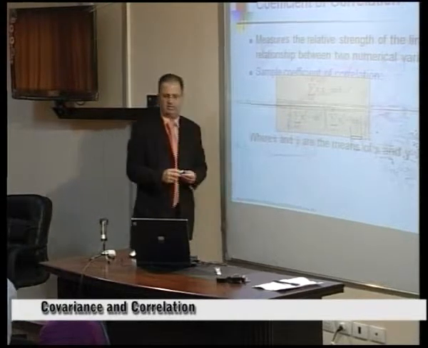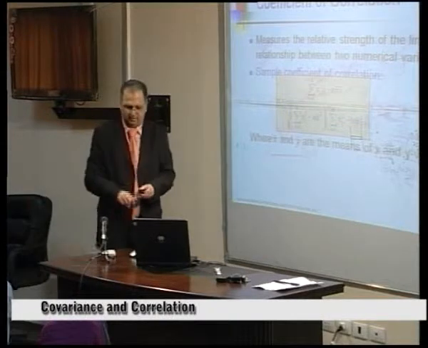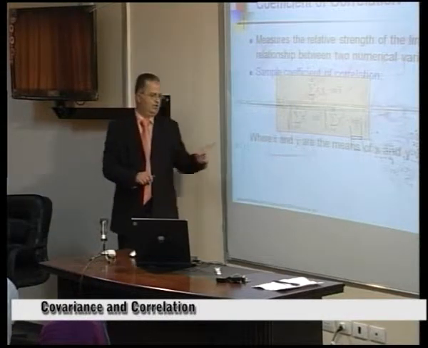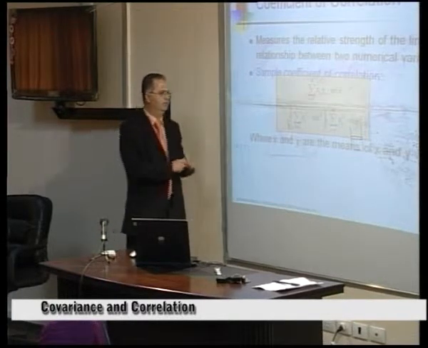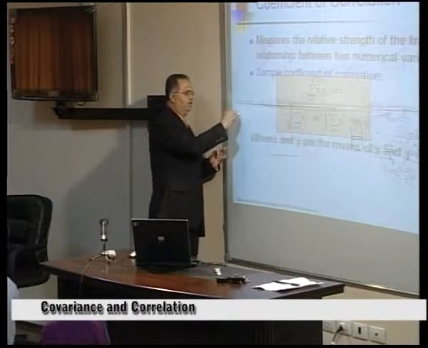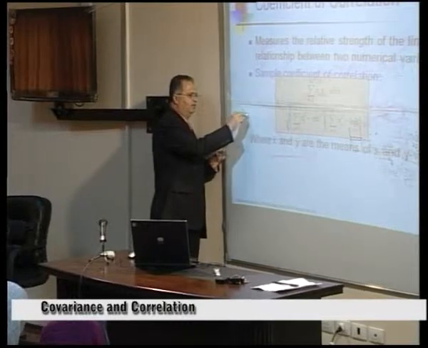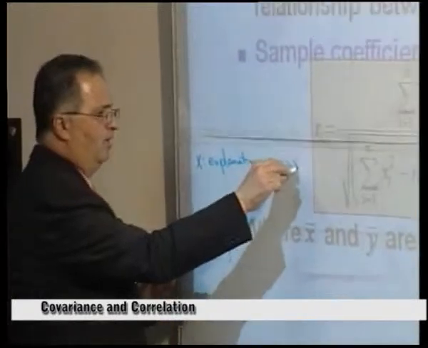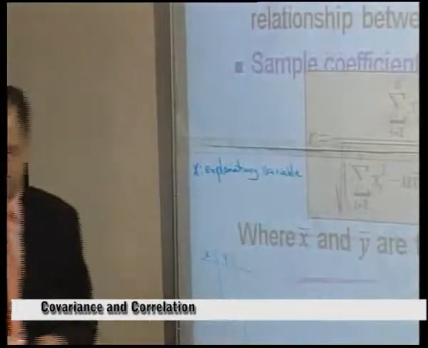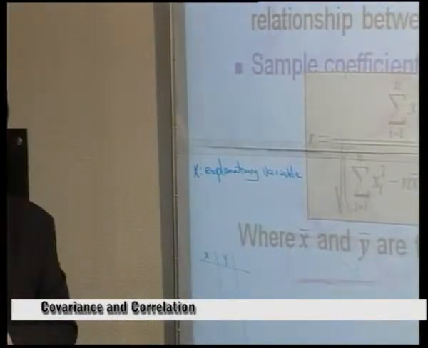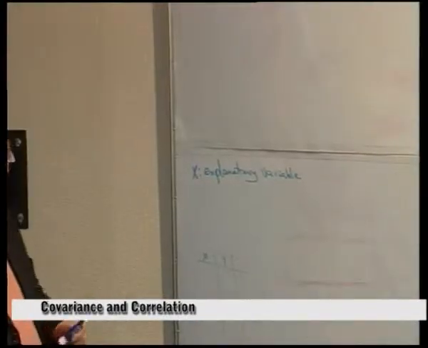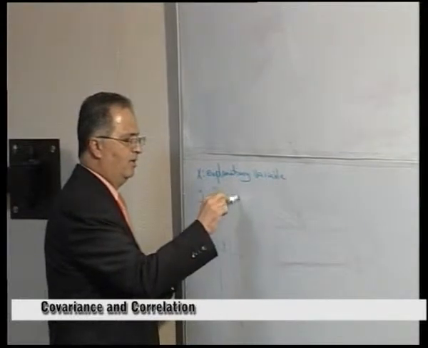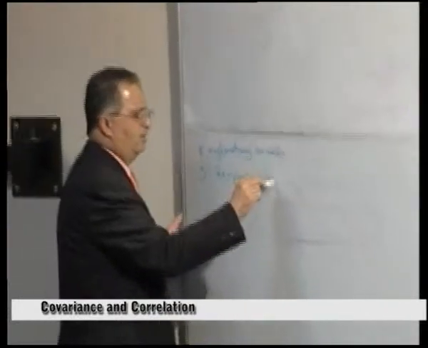suppose for example we have data x and y. X is called the explanatory variable, and y is called the response variable.